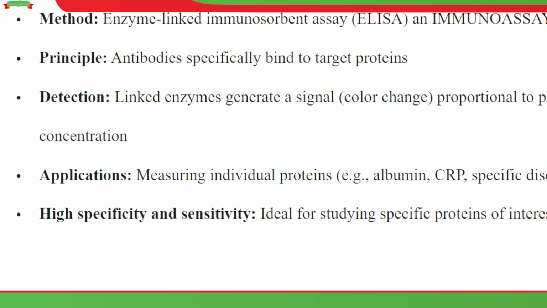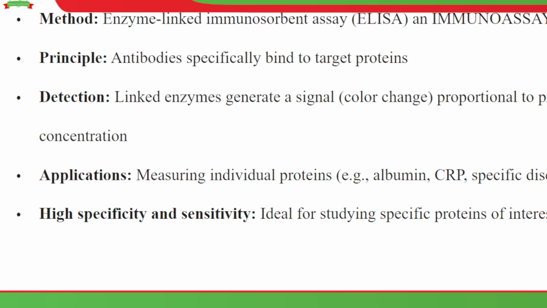The linked enzyme will generate a colored signal that is proportional to protein concentration. So the intensity of that color change is measured and gives you an approximation or exact value of what it is.